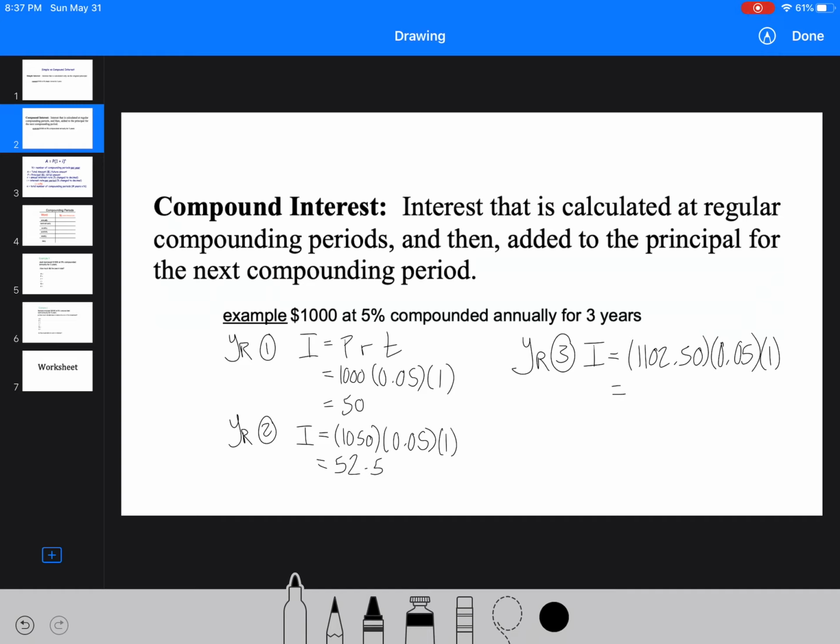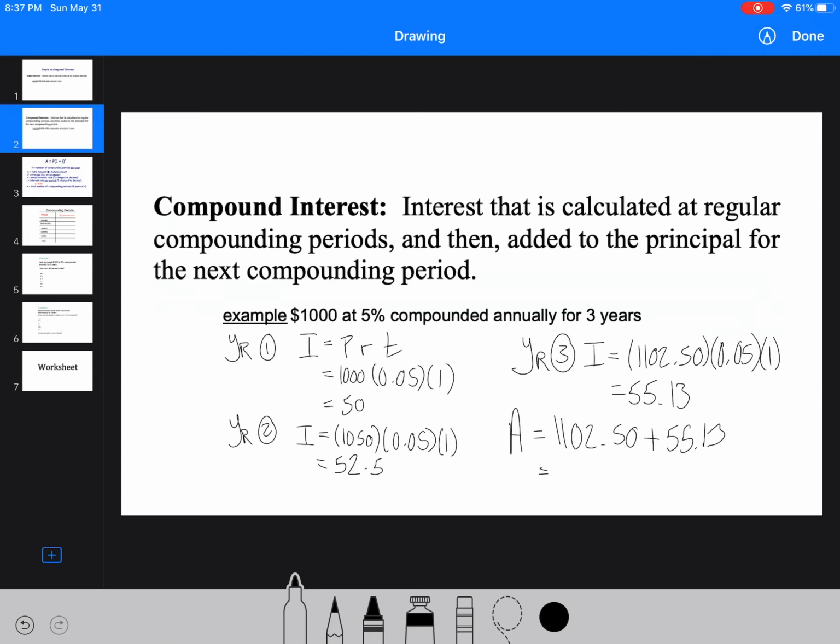So we're adding on all of the interest every year here. What we're going to get is our new number, $55.13. So at the end, our total amount is going to be $1,102.50 plus 55.13.